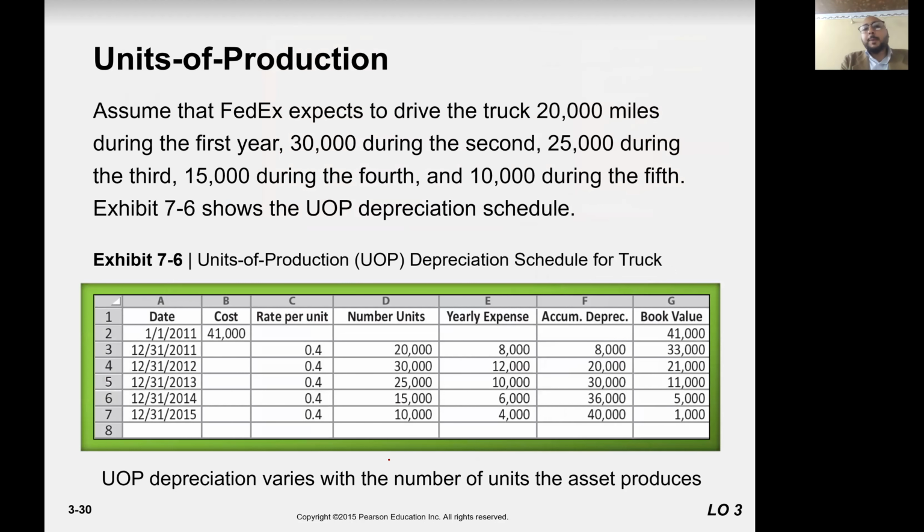So if the driver drives the truck 20,000 miles in 1 year, 30,000 in second year, 25,000 third year, 15,000 during fourth year, and 10,000 during fifth year, what would be the depreciation? So you write it down: 20,000 first year, 30,000 second year, and so on. You just multiply it with per unit rate. And did you see something? That the depreciation is not even here. Low, high, low, low.